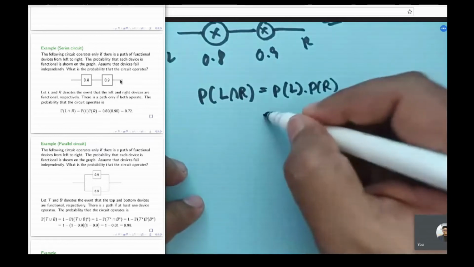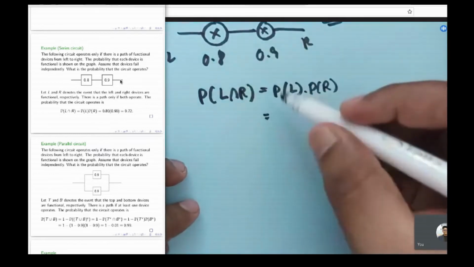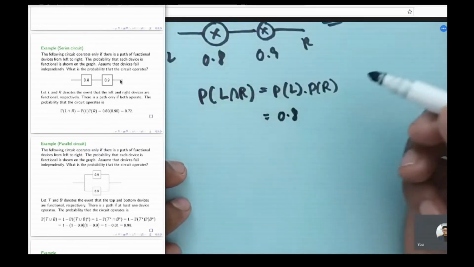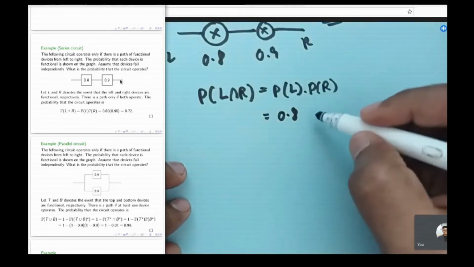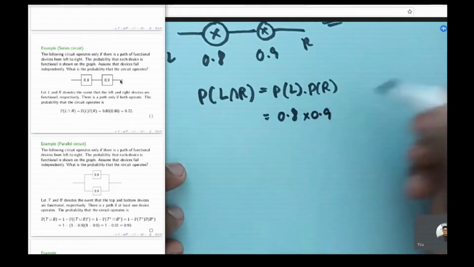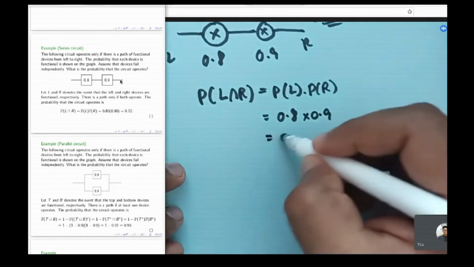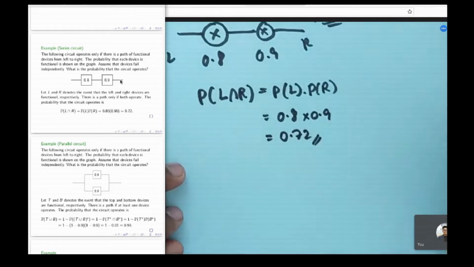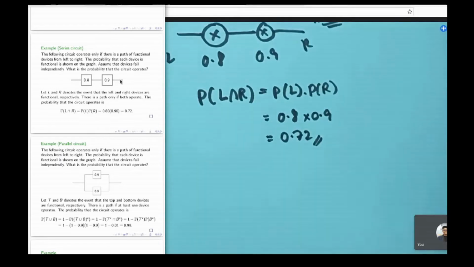We have been given that this probability is 0.8 and the other probability is 0.9. So you just multiply them and the answer is 0.72, which means there is a 0.72 or 72% chance that the circuit will operate as you expected.